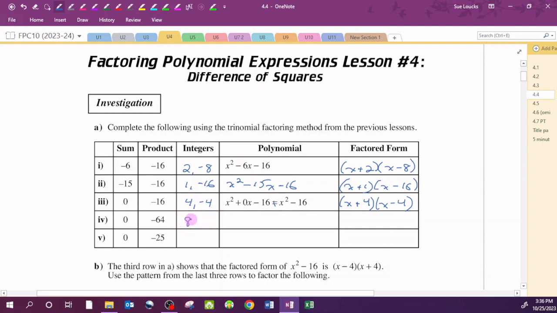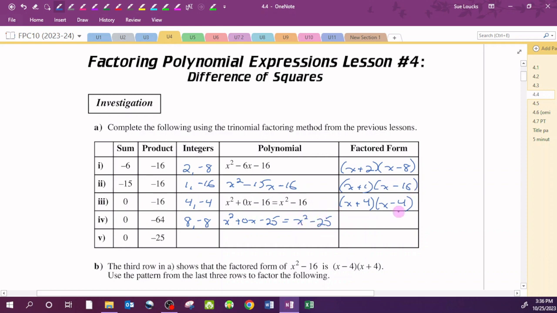So this is going to be 8 and -8, and so that comes out to x squared plus 0x minus 25, which we simplify. Sorry, it looks like I wrote that as a not equal to, but I didn't. So that equals x squared minus 25.